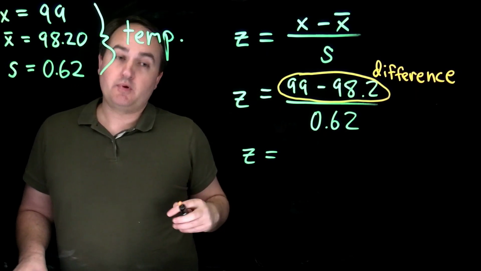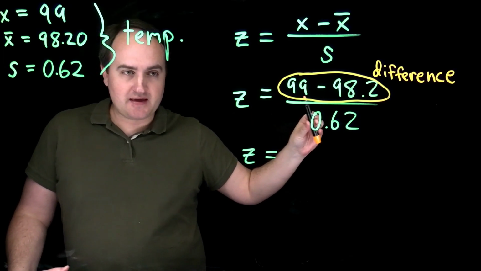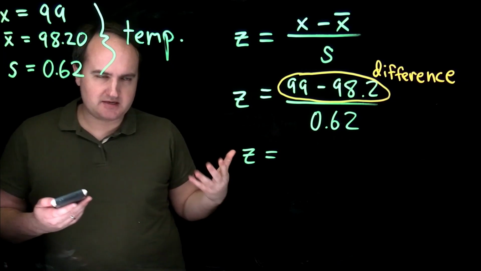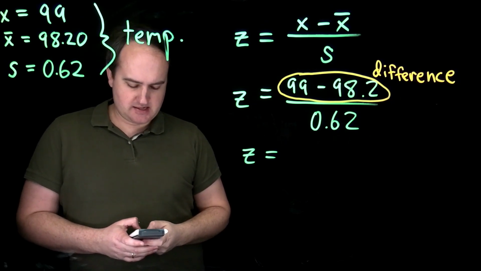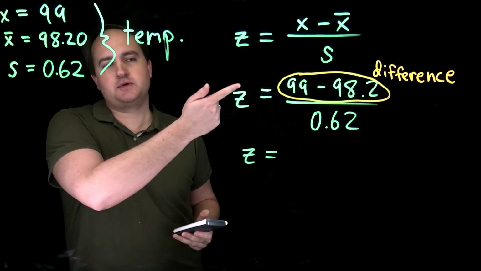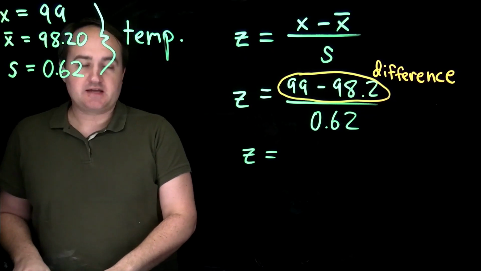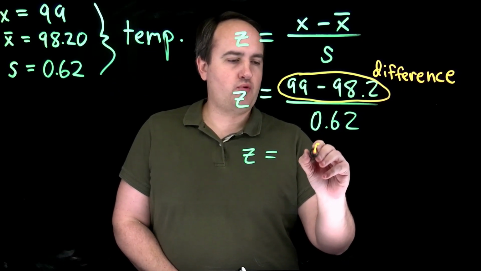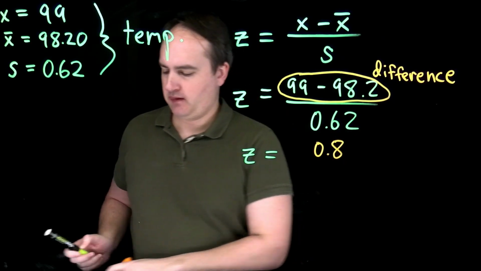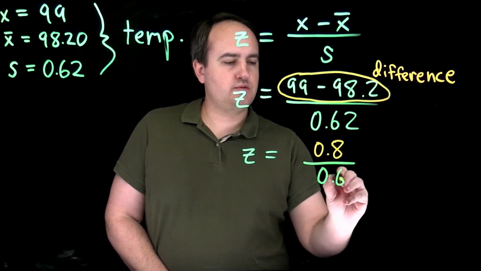When you're doing your homework, the first thing they ask you to do is find that difference, which you want to do on a calculator. 99 minus 98.2, although that one's easy enough to do in our head, is 0.8. So the difference is 0.8, and we have 0.8 over 0.62.